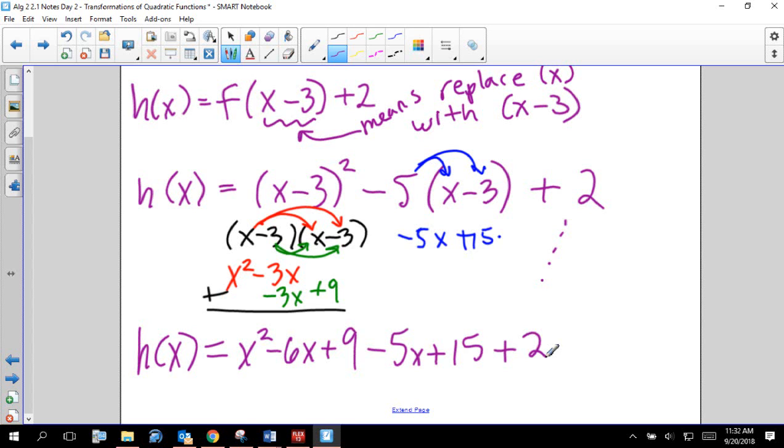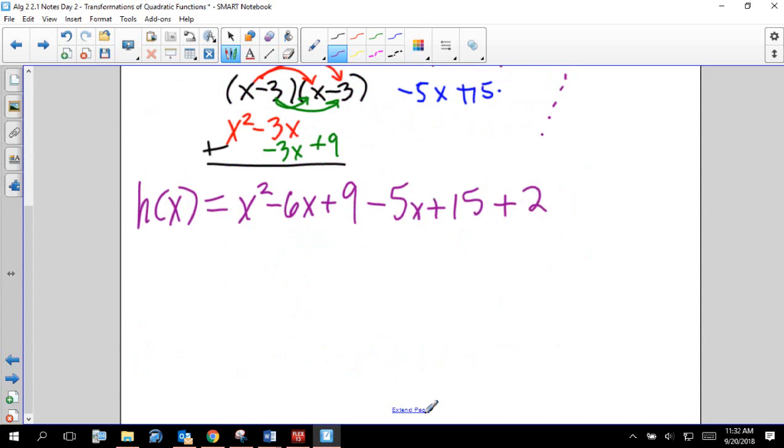We haven't done so much talking about what terms are and combining like terms from the previous course. You combine like terms, but like terms have the same variable, same exponent. So does x squared have any like terms? We'll have h of x equals x squared.